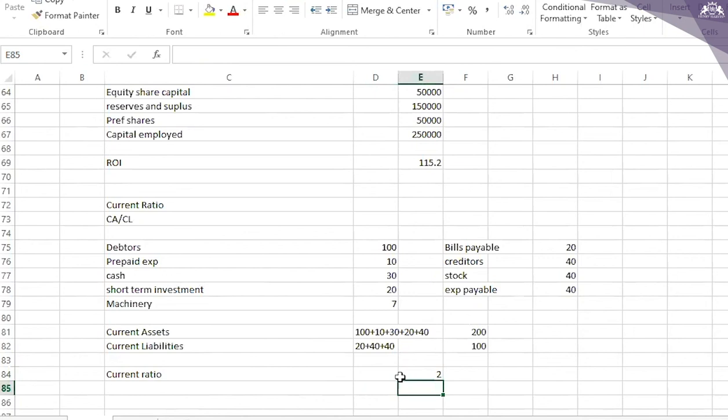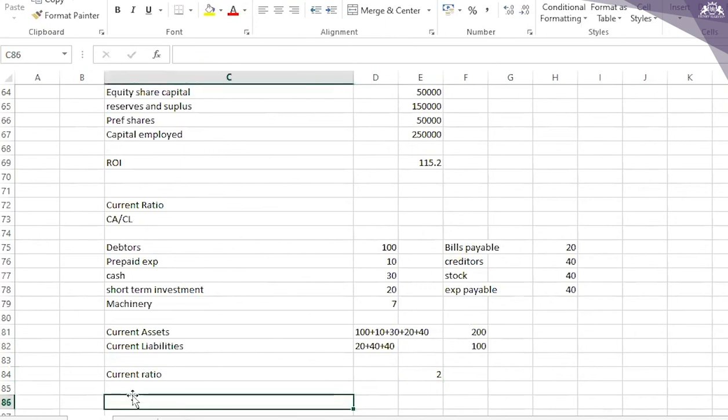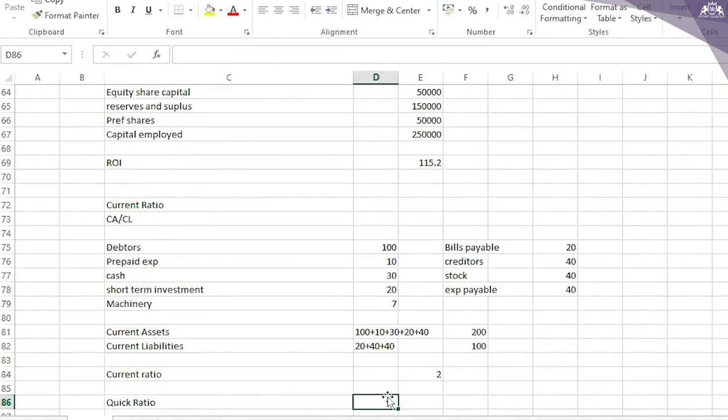Clear? Now, if I want to take out quick ratio from this, from the current assets 200, I will reduce the stock of 40 and my prepaid expenses of 10.